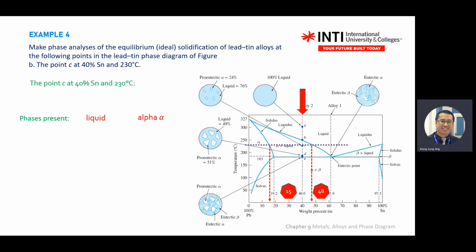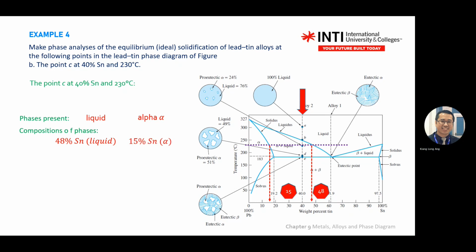Left pocket, you see alpha. Then the next step is to find the composition of that particular phase. Again, in the liquid form, you have 48% of Sn. Alpha, you have 15%.